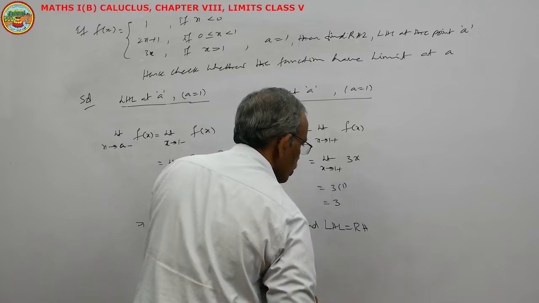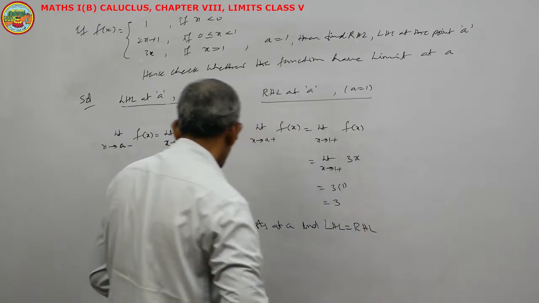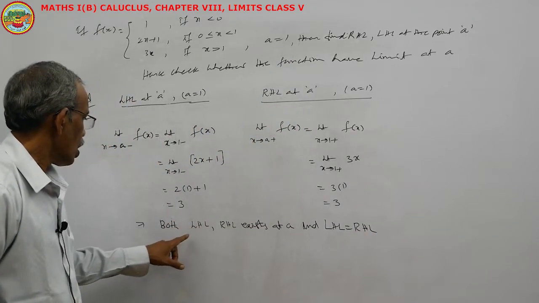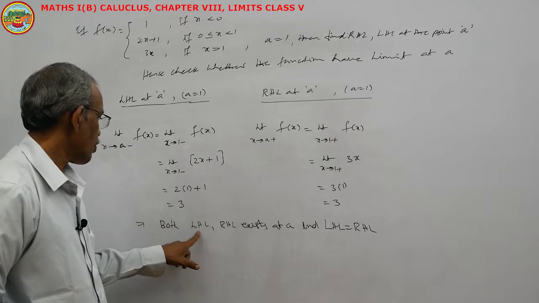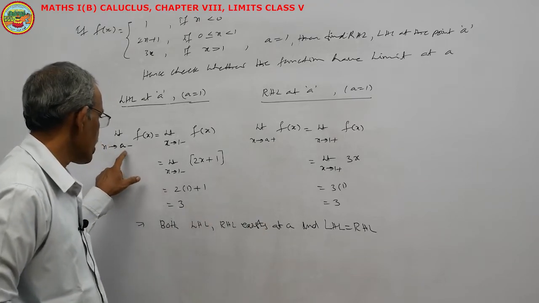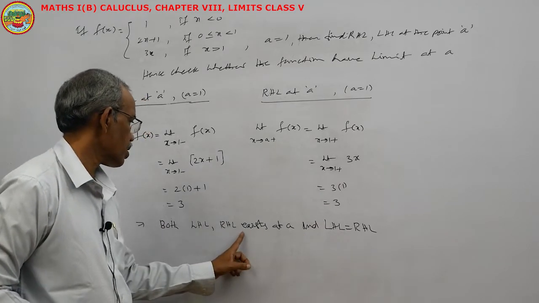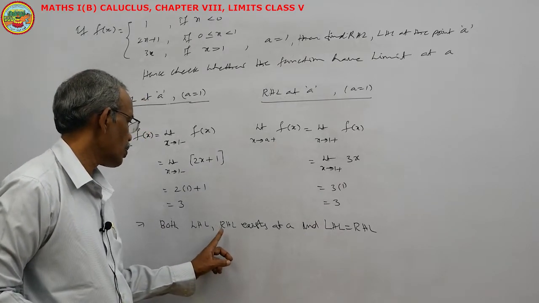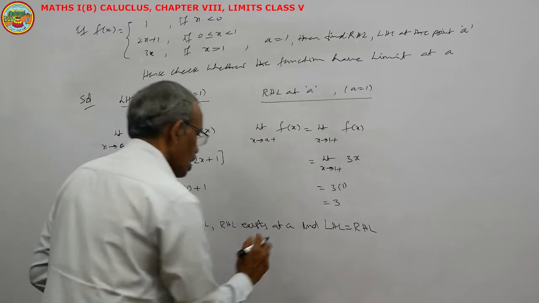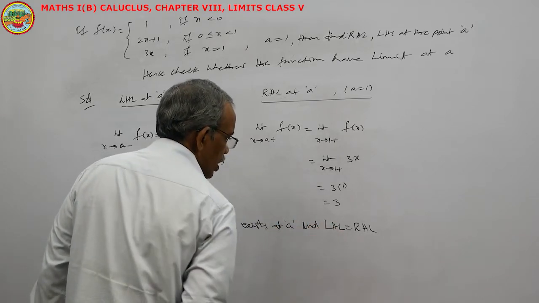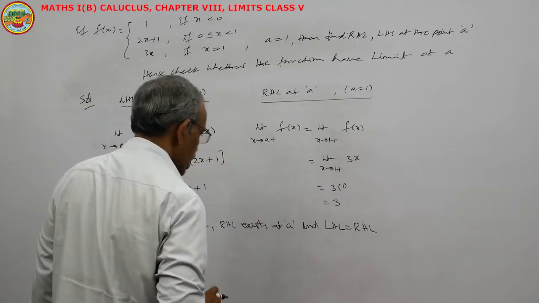We observe that the left hand limit at A is equal to 3 and the right hand limit at A is equal to 3. Both exist, the right hand limit exists and the left hand limit exists at A, and LHL is equal to RHL.